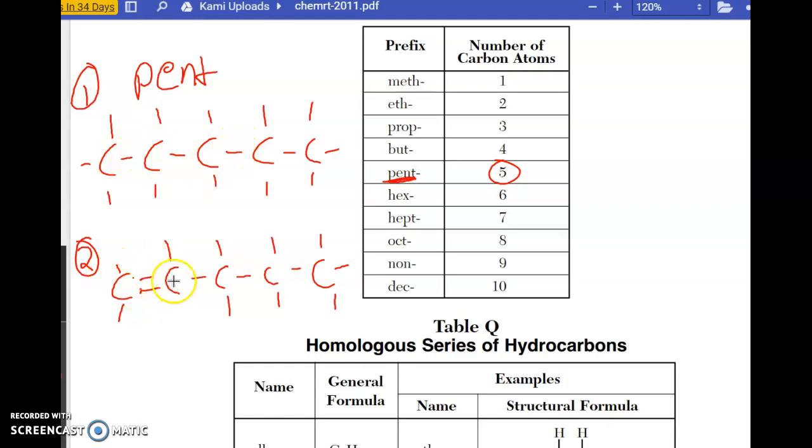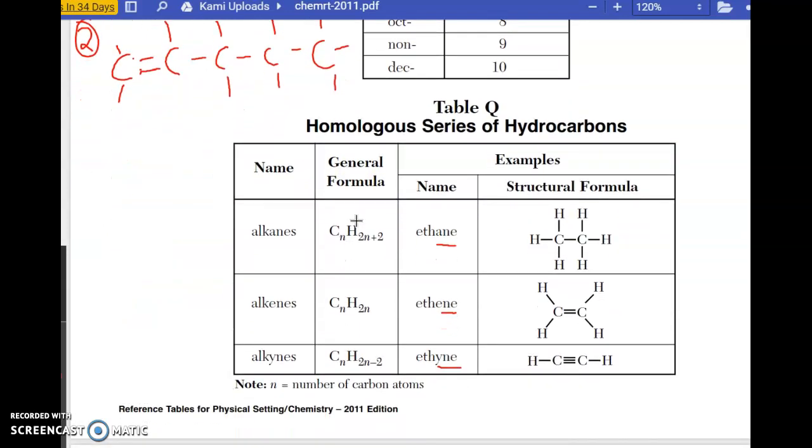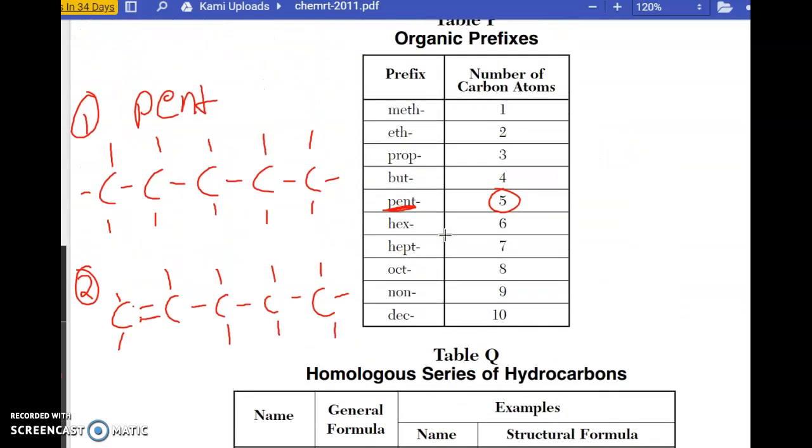Unlike in the second picture, where you can see this is a double bond. But up here we only have single bonds between all of our carbons. So because it only has single bonds, it looks like this one, the closest, so its name is going to end in ane. So the name of this structure is pentane.